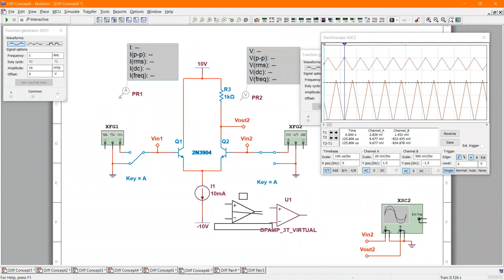So which one is which? So this is the output. So that output represents Vout2 here. This one, if I apply a signal to VN2, I get an inverted output. So VN2 is this point here. It's the inverting input.